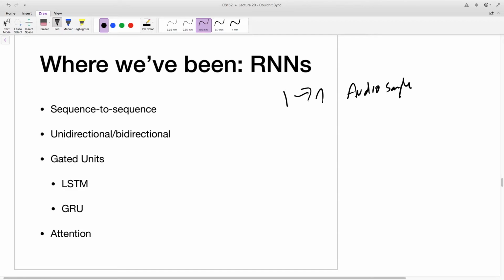Okay, yeah, so likely our audio sample is actually going to be broken up into a bunch of 5 or 10 millisecond pieces, so it's probably going to be more like sequence to sequence. So other possibilities, yeah, image captioning might be good.